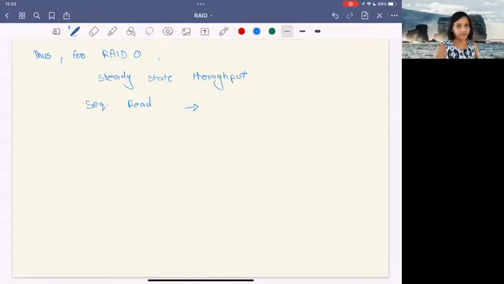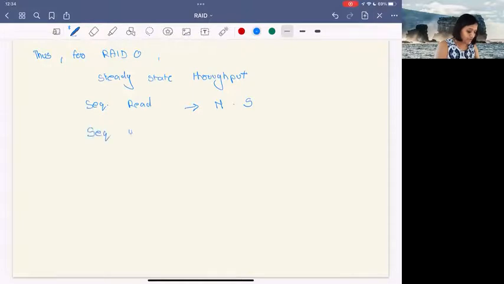Because we are utilizing all the disks that we have. Let's say if we have N disks, then we are going to use all of them. And if the sequential throughput of each disk is S, so N into S.